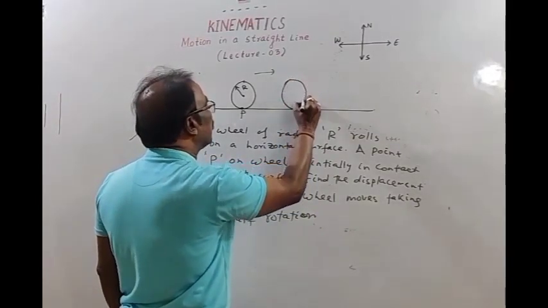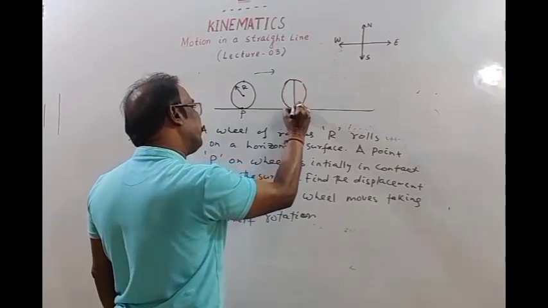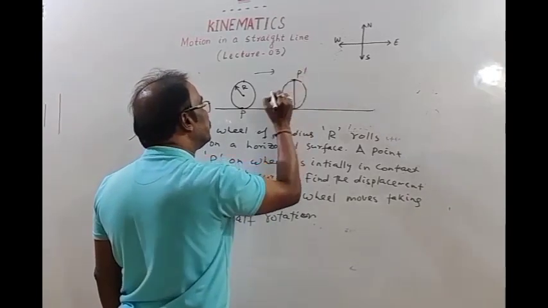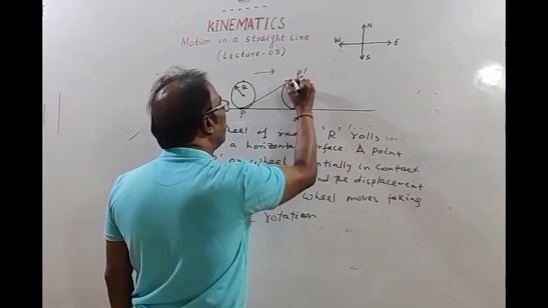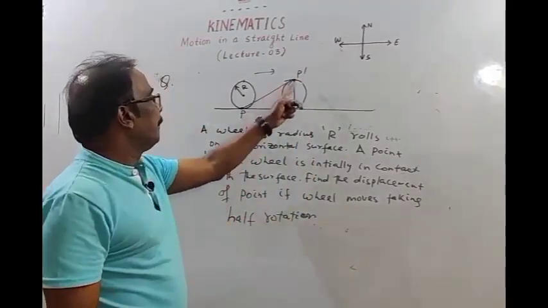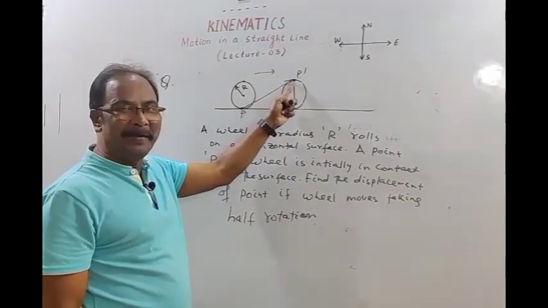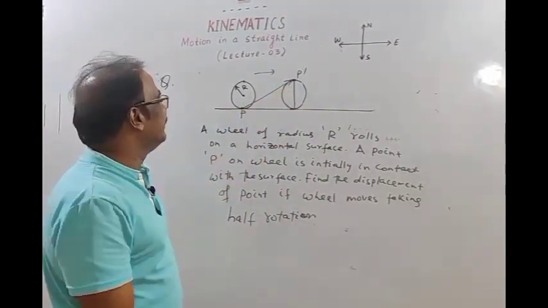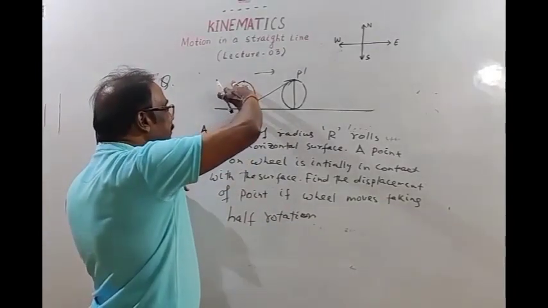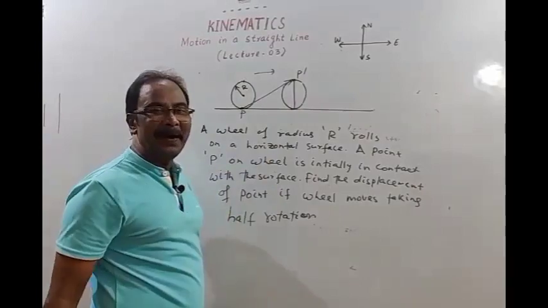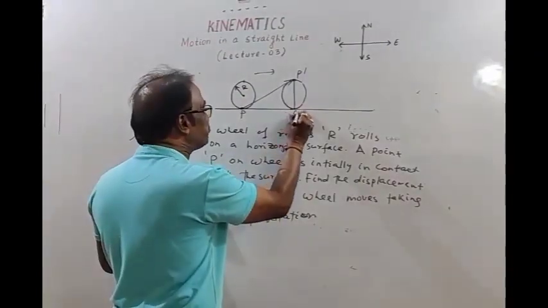Then point P is displaced to point P dash. So this is the displacement from P to P dash. We have to find the displacement, the length of this straight line, the shortest path. Point P has moved and finally reaches the diametrically opposite point. Let this point be O.